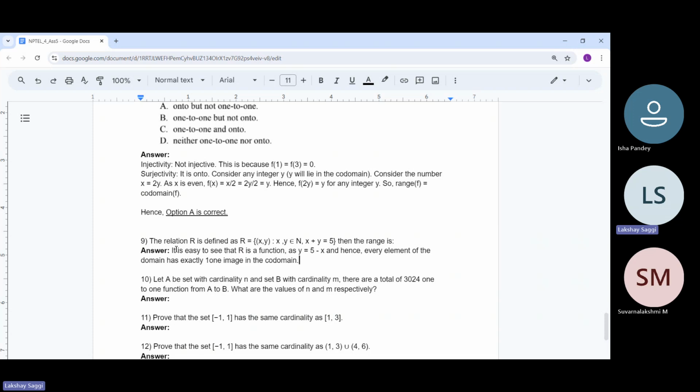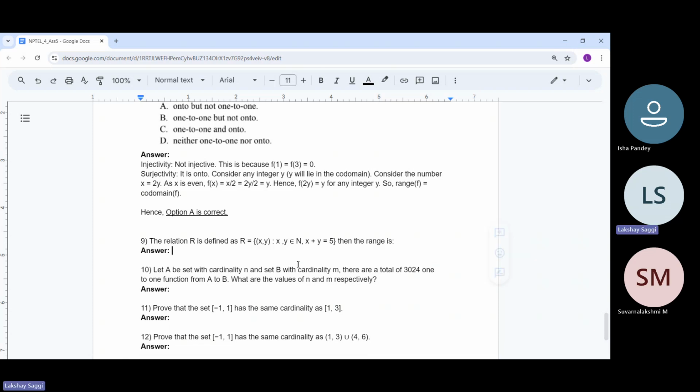So something like this, because again x is a natural number, so 5 minus x will also be a natural number, but okay, but this will only be okay. So maybe I should not define it like this. Okay, let's leave it at that.